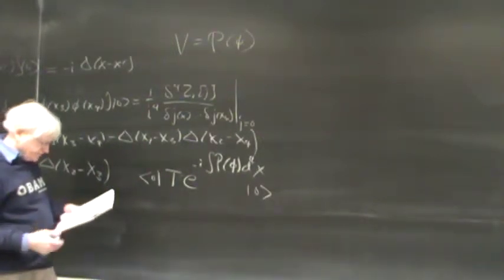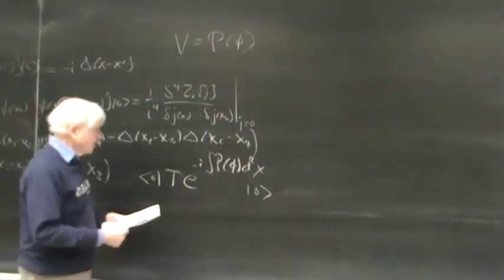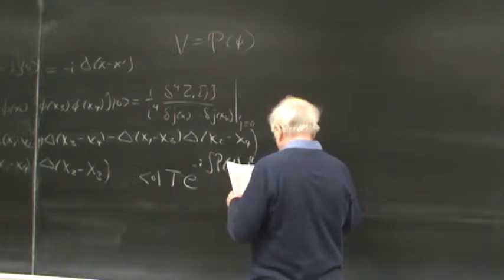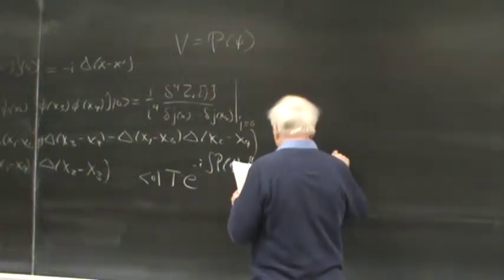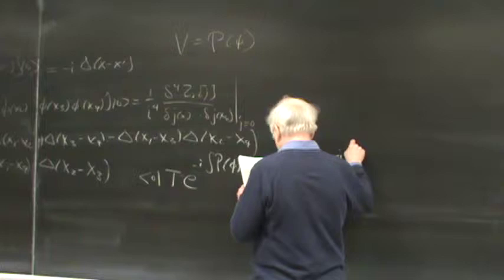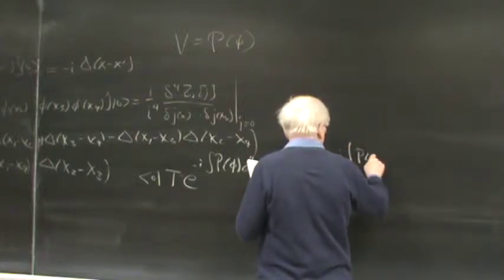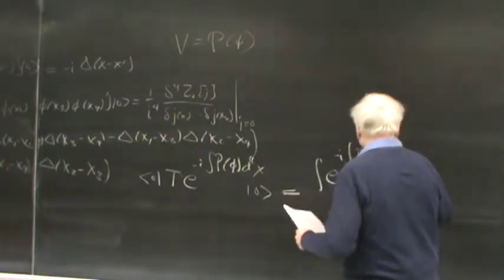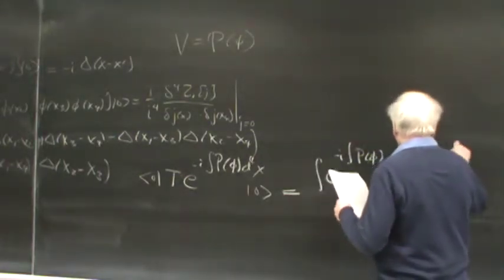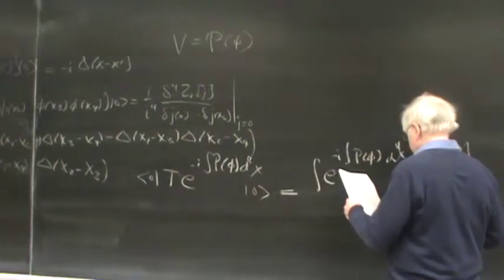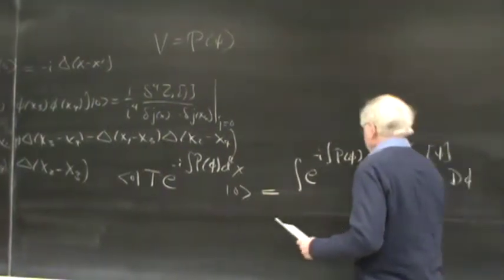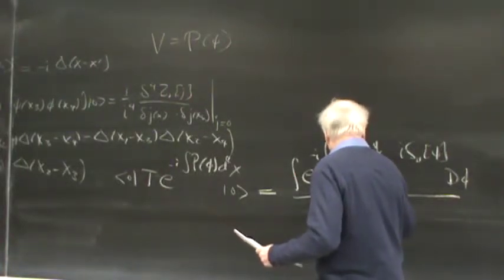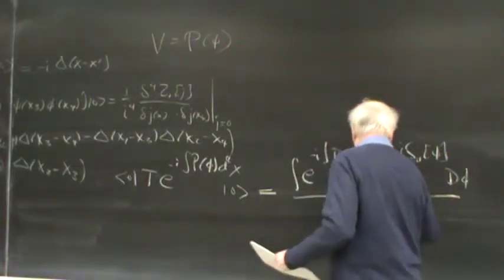And so what we get for this would be an integral of e to the minus i P of phi d4x, e to the i S0 of phi, d phi, divided by the integral of e to the i S0 of phi d phi.